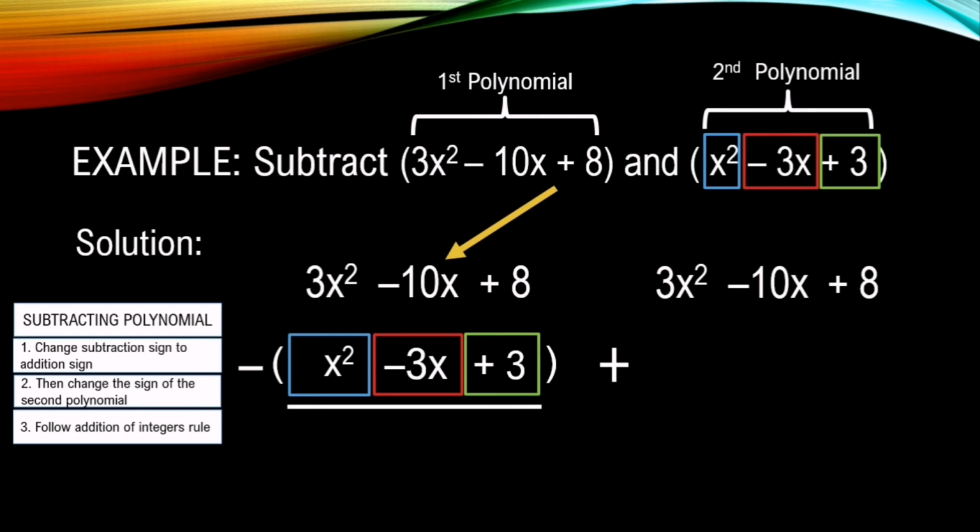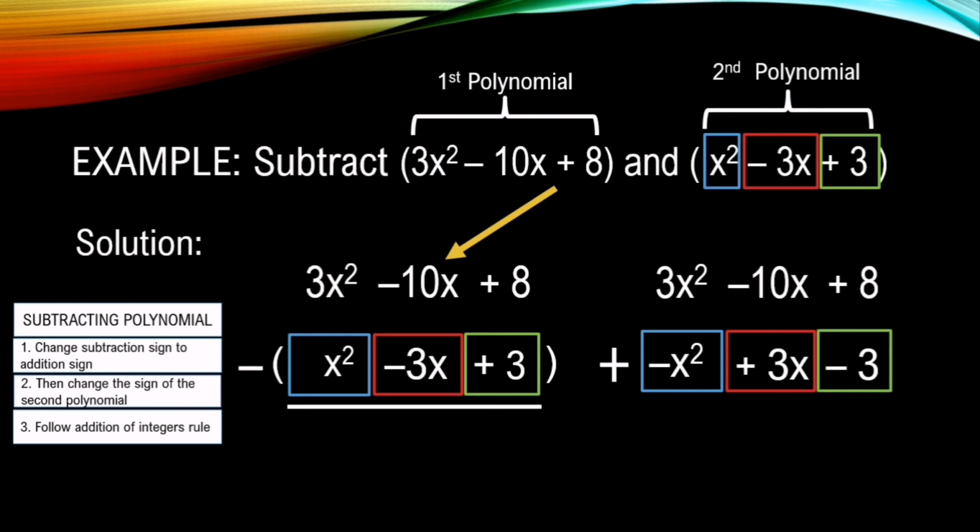We will be turning it into negative x squared. And then negative 3 will be changed to positive 3. And then the last term in our second polynomial is positive 3, which will be changed to negative 3. So we are done applying the second rule.